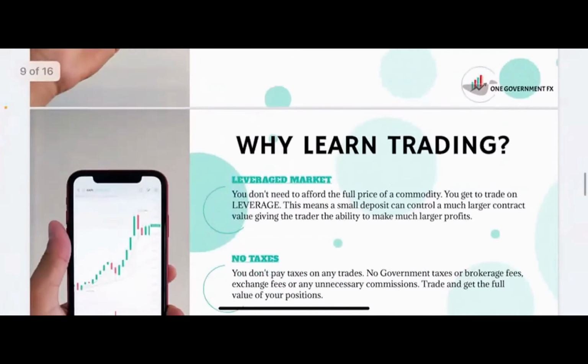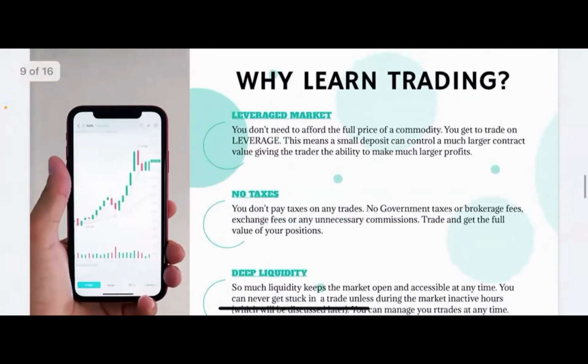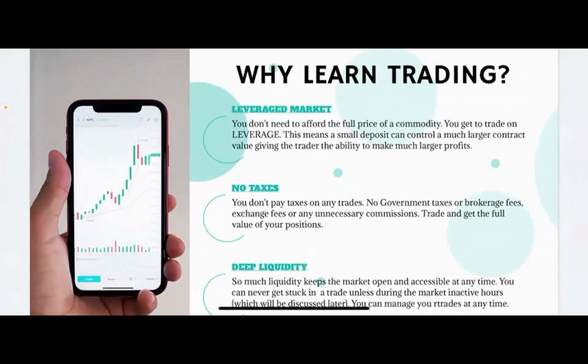Okay. We're talking about the leverage market. So the forex market is a leverage market, which means you don't actually have to own the full value of whatever you intend to purchase at any time. So assuming, for instance, a contract is meant to cost you $1,000 to be able to purchase that contract.